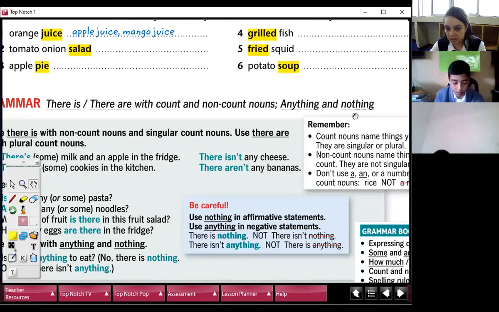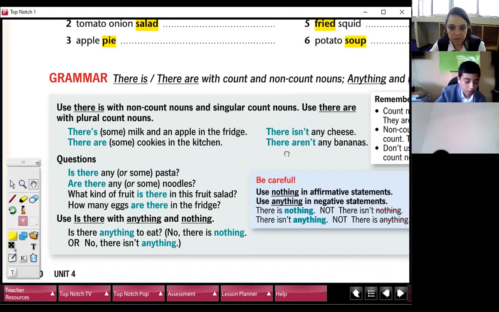Anything and nothing. So let's identify. Use there is with non-count nouns and singular. Singular is when we have a noun, and non-count nouns, I'm going to explain what they are. Use there are with plural count nouns.